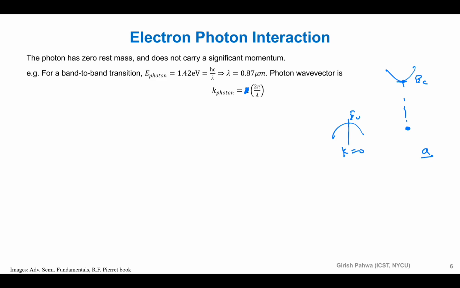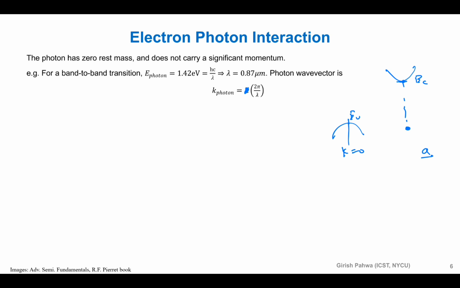What is the length of that Brillouin zone? It is of the order of 2 pi by a.